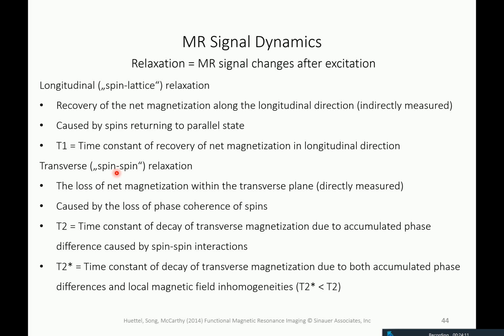One can only really understand this T2 star versus T2 difference by understanding that one can, with what is called a spin echo, undo the phase difference loss, and then if one still has a loss of signal, this must be due to something in addition to the phase loss.